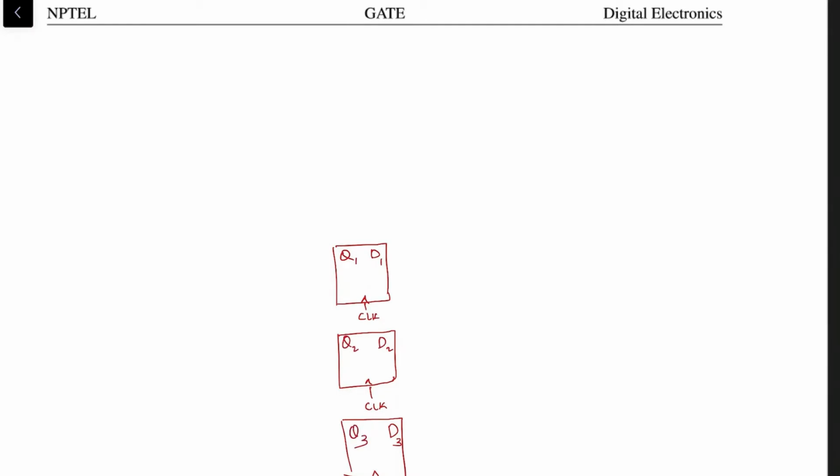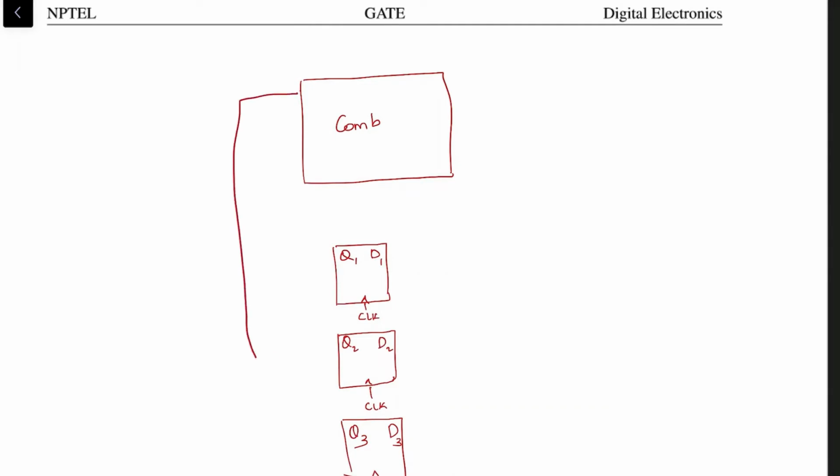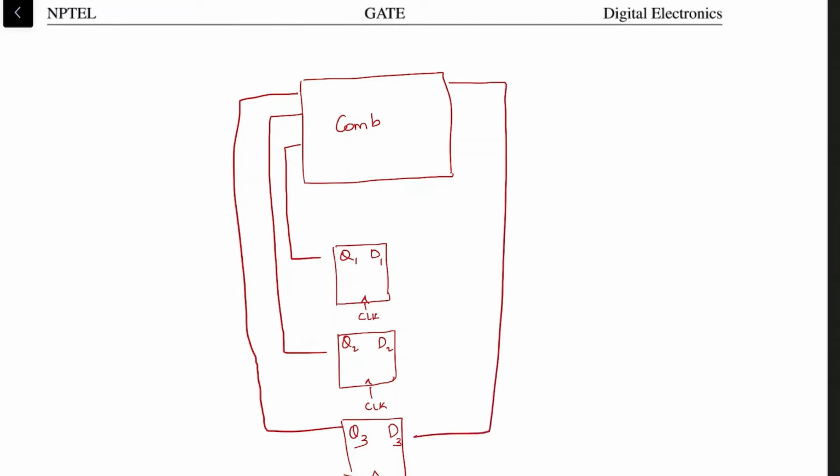And there is a combinatorial circuit here that accepts these 3 outputs and determines what the 3 inputs are supposed to be, so that as a result of this determination, the outputs Q1, Q2 and Q3 will cycle through the gray code sequence.